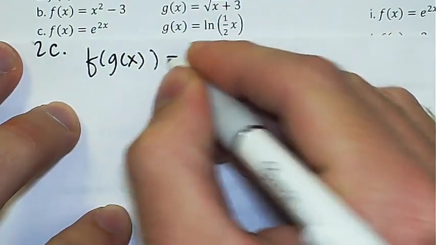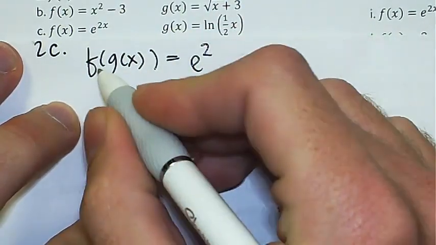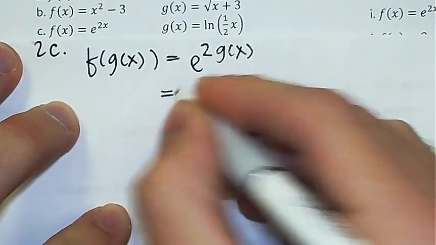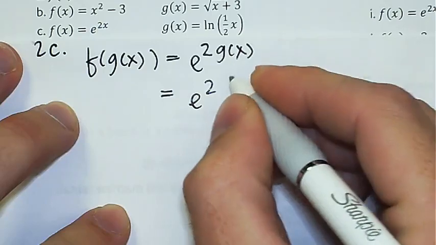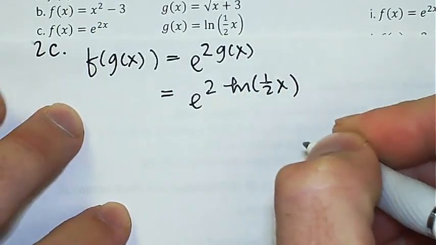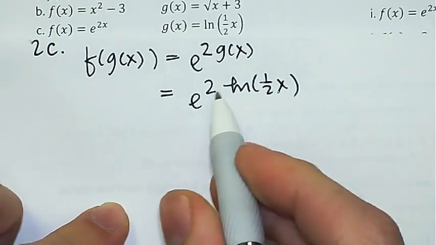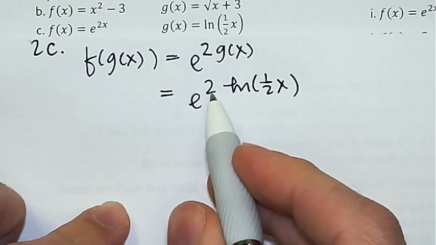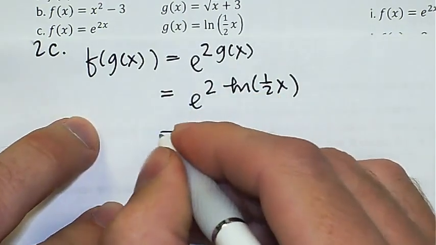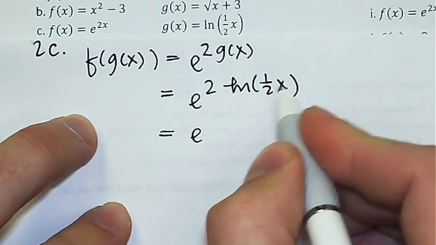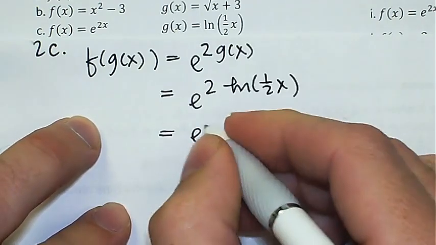That will be equal to e to the 2 times not just x, but g of x. So that's going to be e to the 2 times the natural log of 1/2 x. Oh, we could do this. This is like power of a power. You could try to do the power, and this is just not going to come back x.